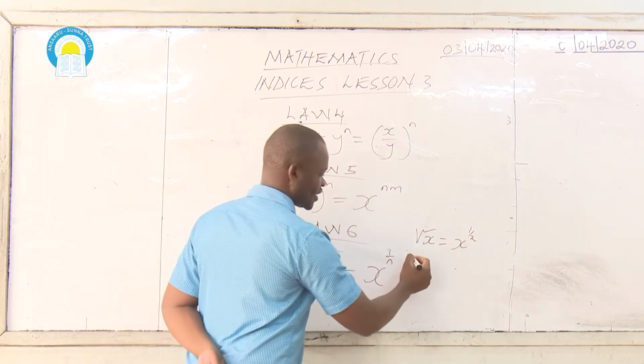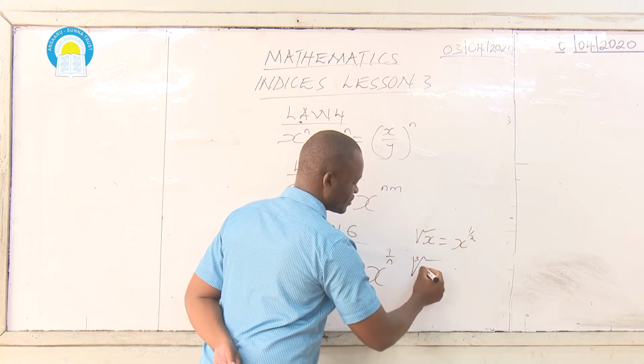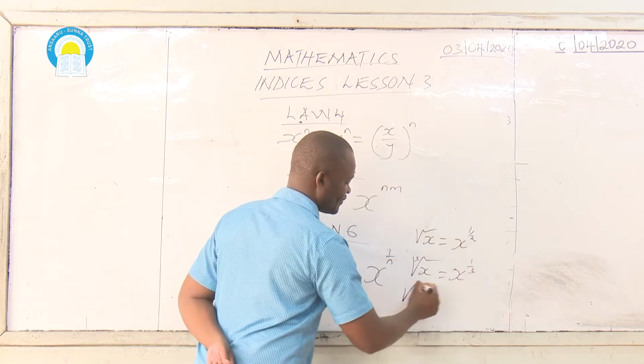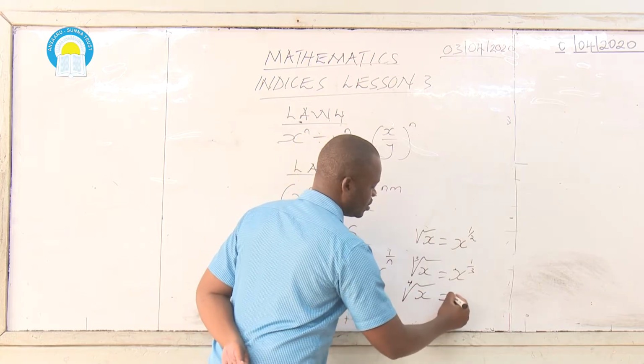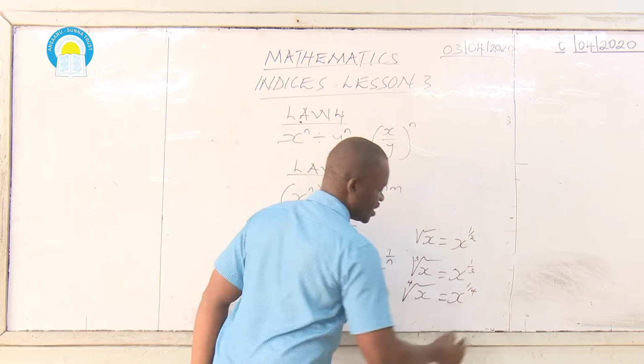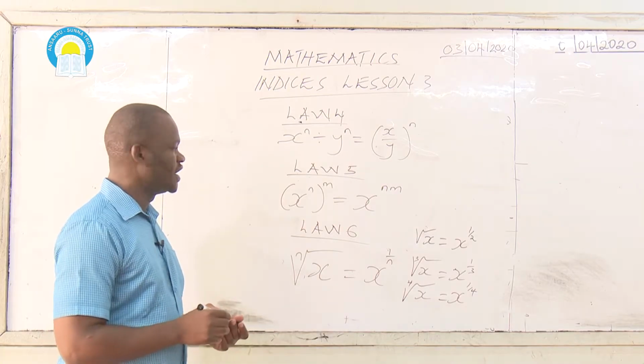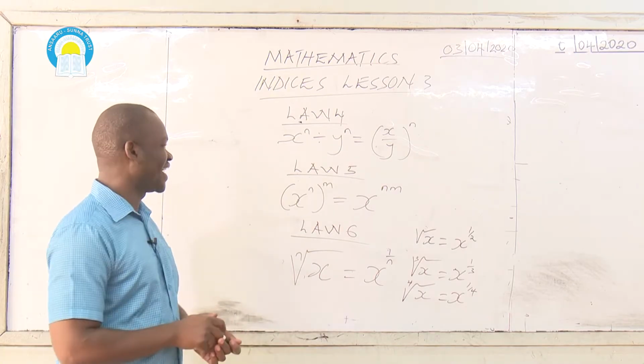If it is a cube root, you'll have x power a third. If it is a fourth root, you will have x power a quarter. I gave those examples on how to apply it.